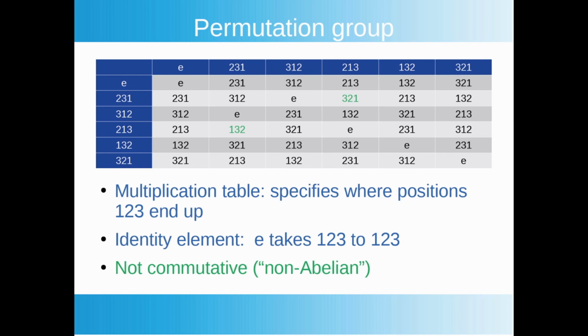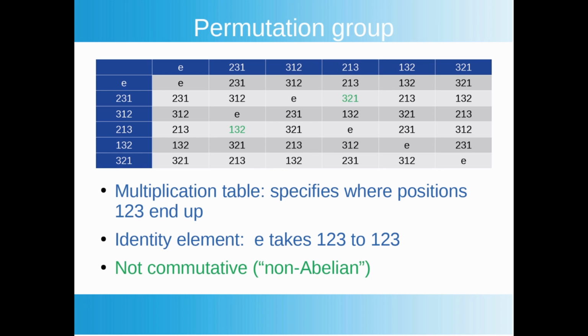But here I've called it E. So if you were to take this element times this element, you will get the element inside here. Right, E takes 1, 2, 3 to 1, 2, 3.